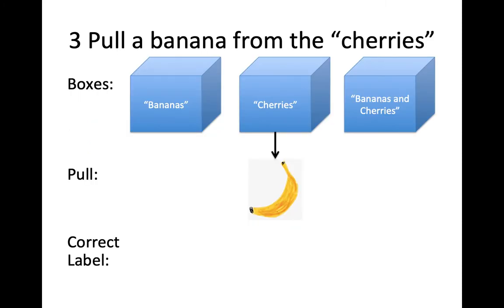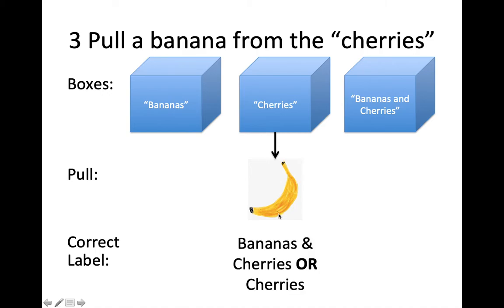Okay, let's check the next one. Suppose we pull a banana from the cherries box. Okay, if we pull a banana from the cherries box, then we haven't learned anything. Again, this is either the box for bananas or it's bananas and cherries, and we're no further along than we were before we pulled out a fruit, so that's a failure.